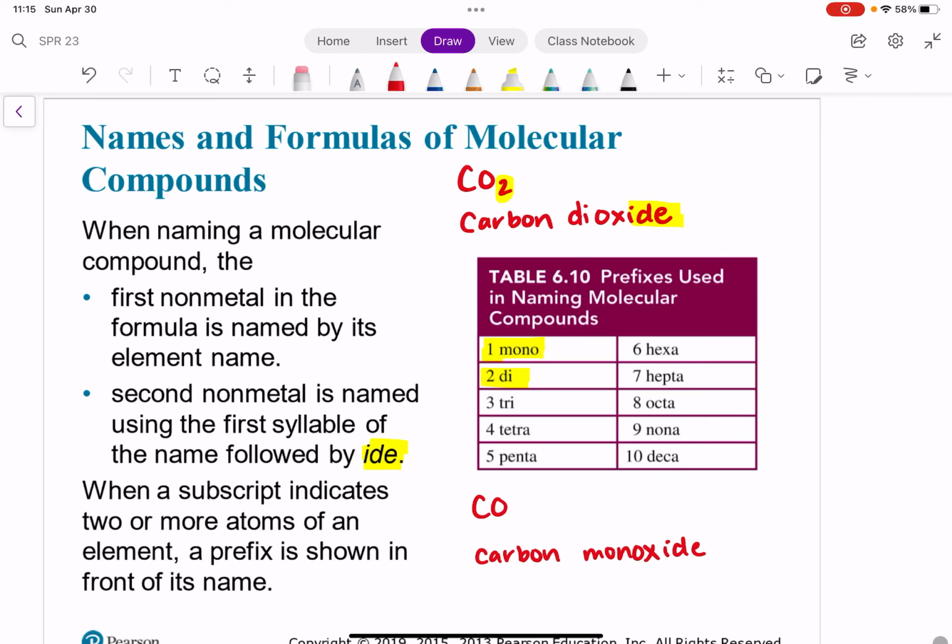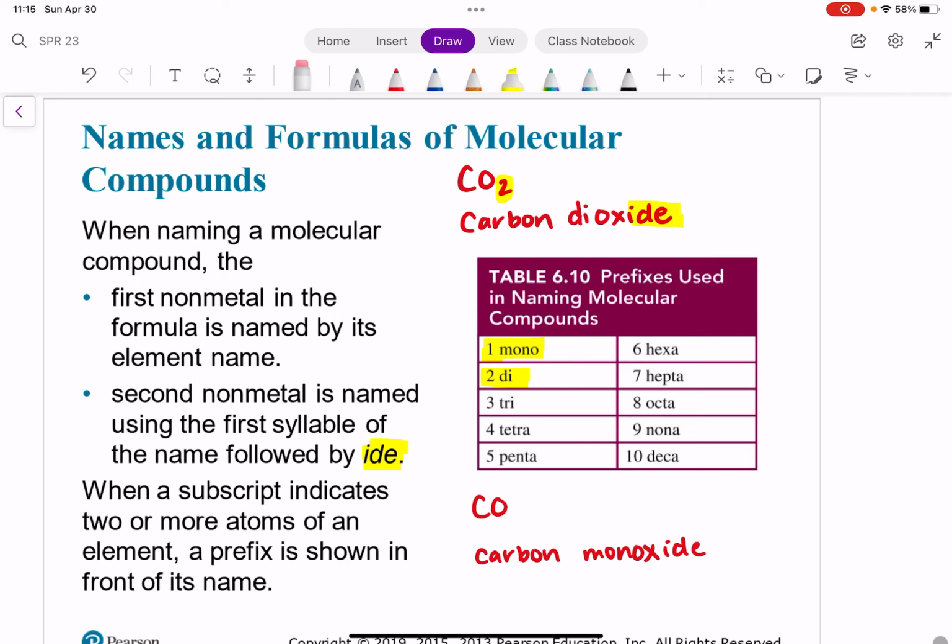Why don't we put mono right here? Yeah, it's just because it would be kind of redundant. If it's the first word in the compound, or the first non-metal listed, we don't have to put mono in front of it. If there's more than one, like if there were 2 carbons, we would have to put dicarbon.